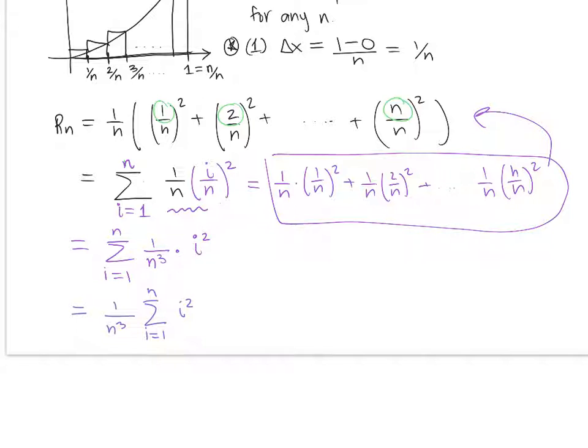So now this is the point at which there is a trick that you don't have to memorize, but you might have to use in your homework. There is a formula that adds this up. What that thing is doing is 1 plus 2 squared plus 3 squared up to n squared.